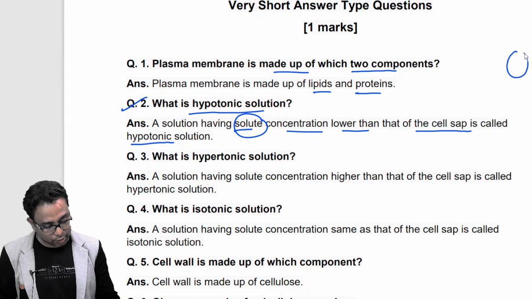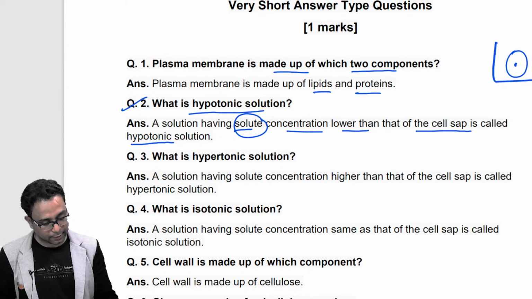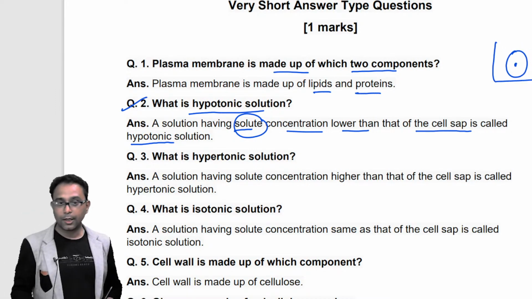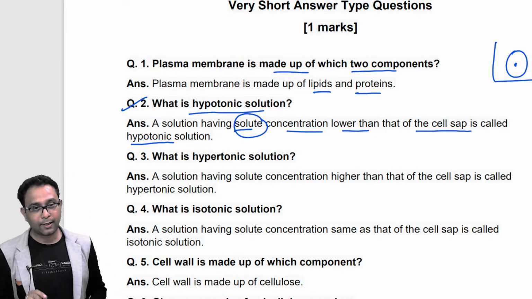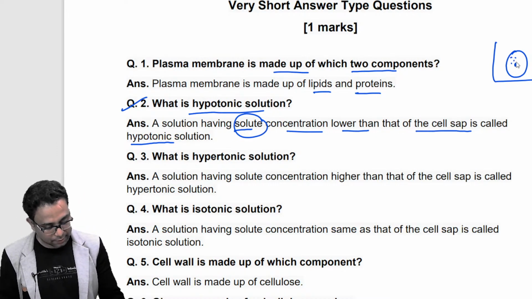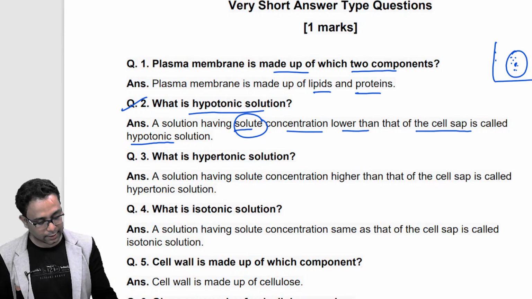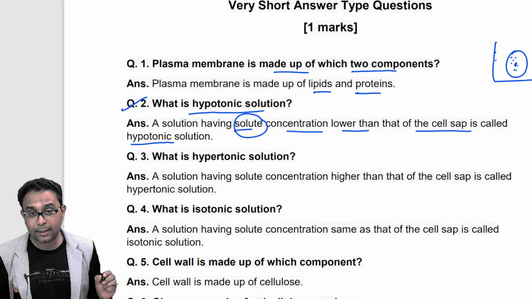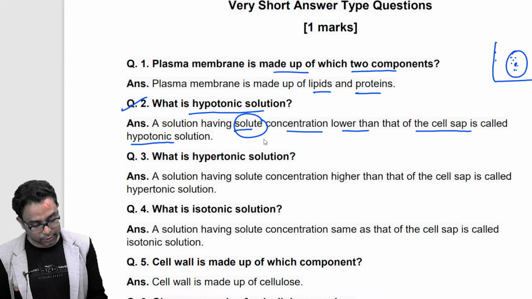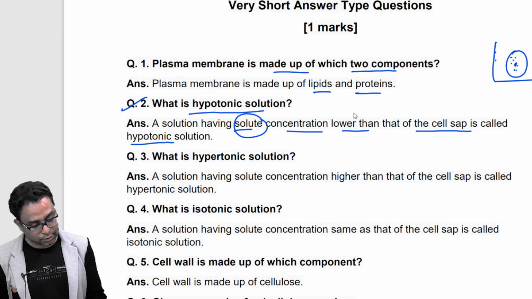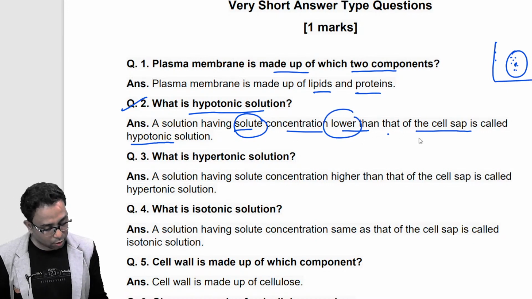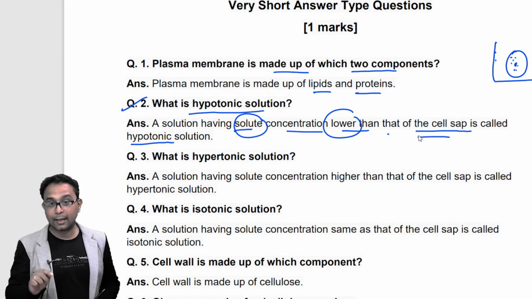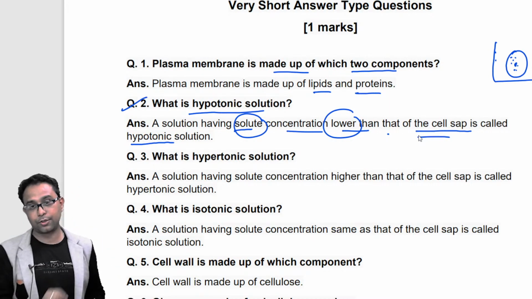Like you place a cell in a beaker. Inside the cell sap there is some concentration and outside the cell there is some concentration. But in the hypotonic case, the solution has a solute concentration lower than that of the cell sap. That time it is called the hypotonic solution.